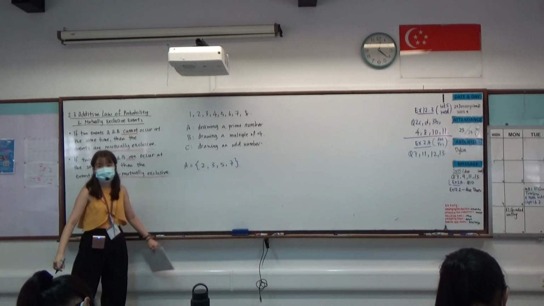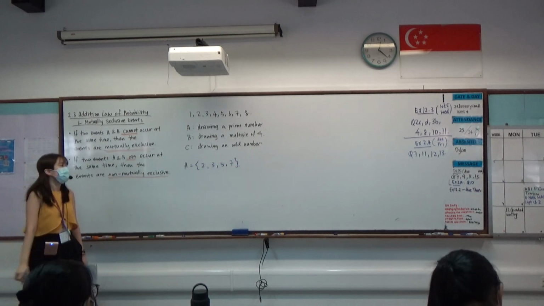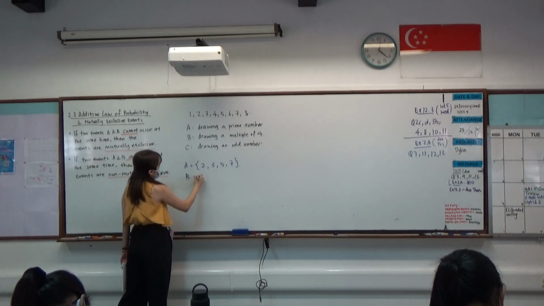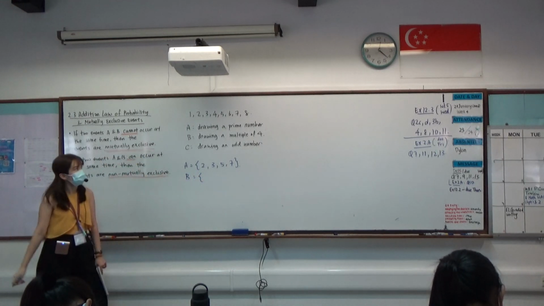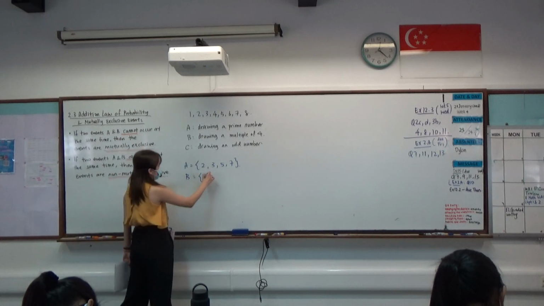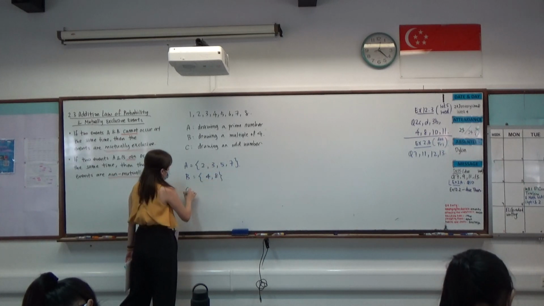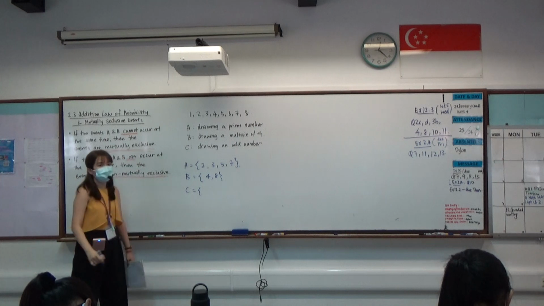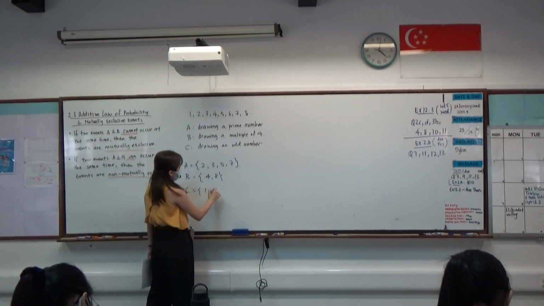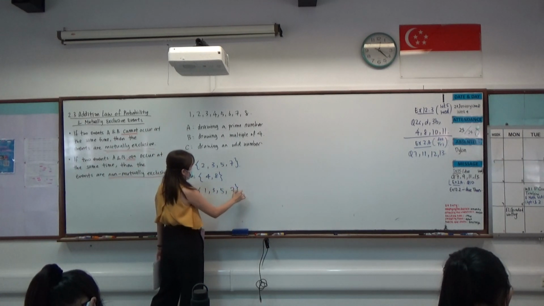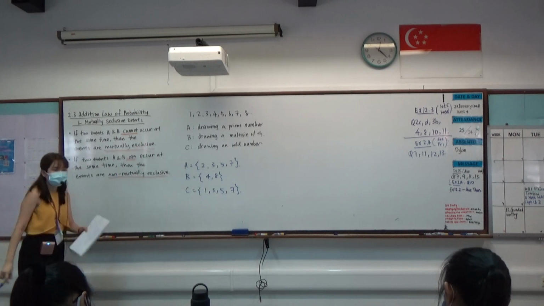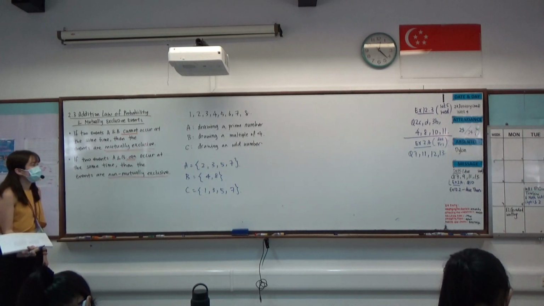That's all, right? 1 is not a prime number. What about B, drawing a multiple of 4? Bervin? 4 and 8. And for the event C, drawing an odd number, that will be 1, 3, 5, and 7.